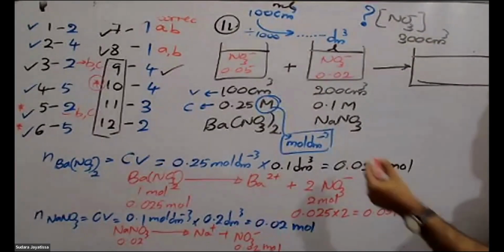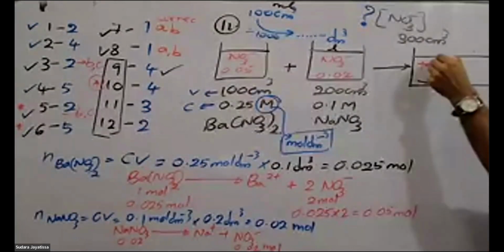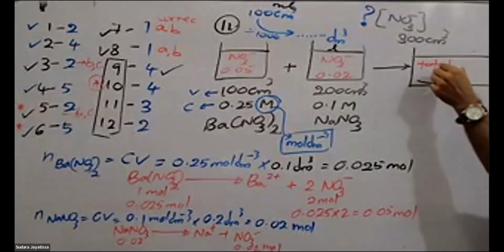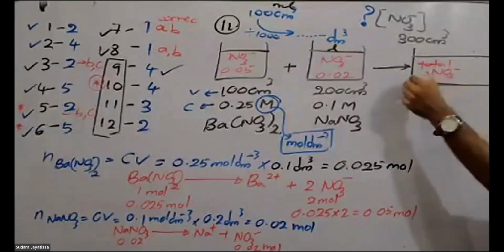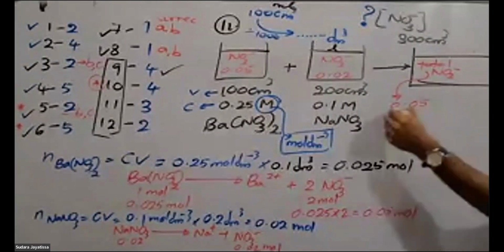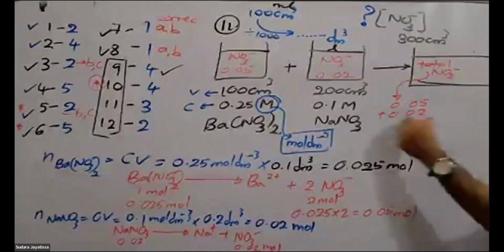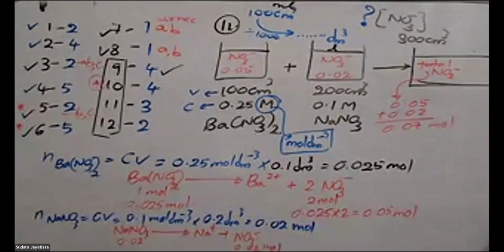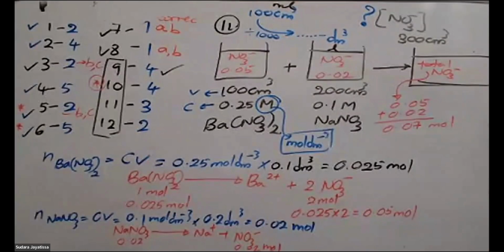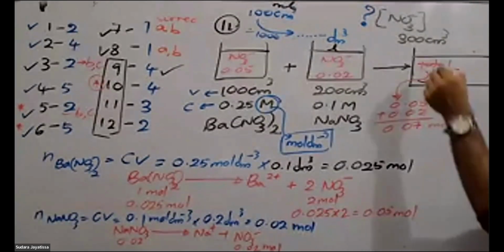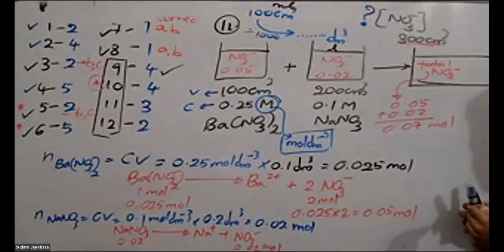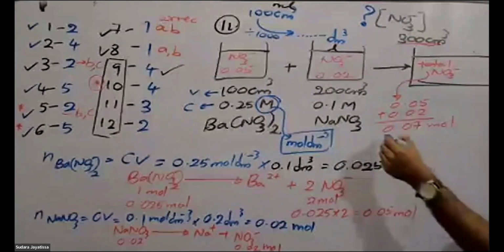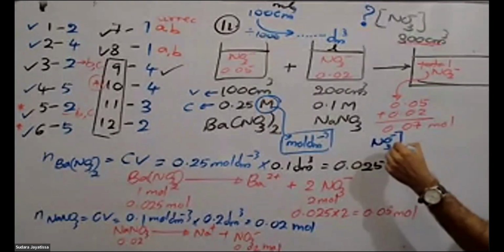Is that clear? So if you mix them together, the total nitrate you will be having, 0.05 plus 0.02, 0.07 moles. That one is there in 300 cubic centimeters now. So what is the nitrate concentration?